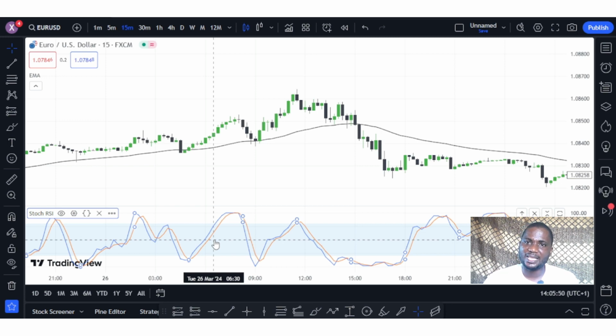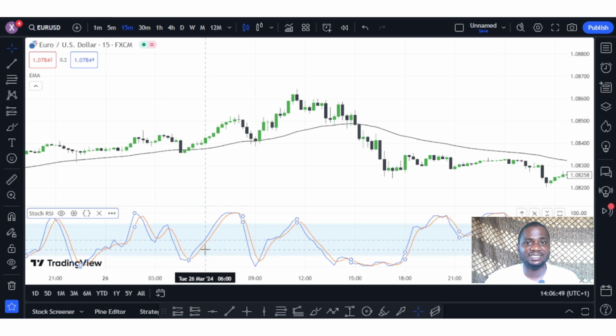First of all, you consider the position of the moving average and the market trend. Just like I said, if the market trend is above the 200 moving average, now you initiate more of the buy trade. Now if the market trend is below the 200, you initiate more of the sell trade.